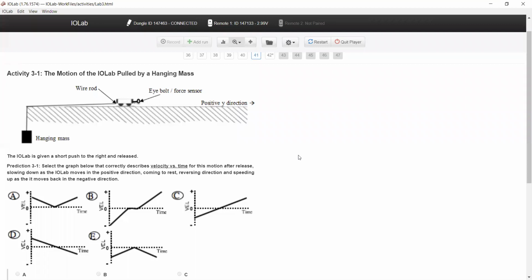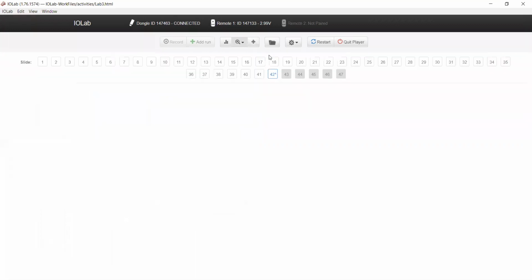Okay, for creating similar motion like we did for the IOLab moving up the ramp, going to rest and turning back, we'll use a hanging mass of around 60 gram. I've already clicked save and go next.